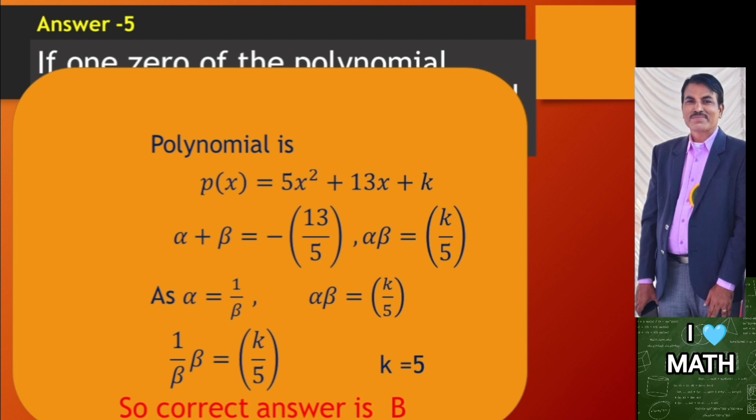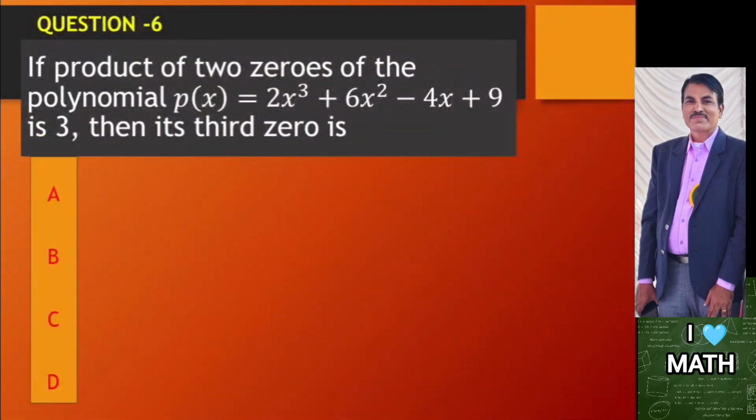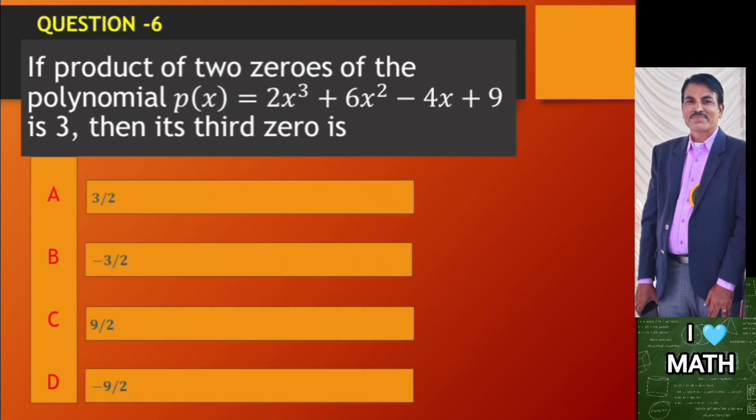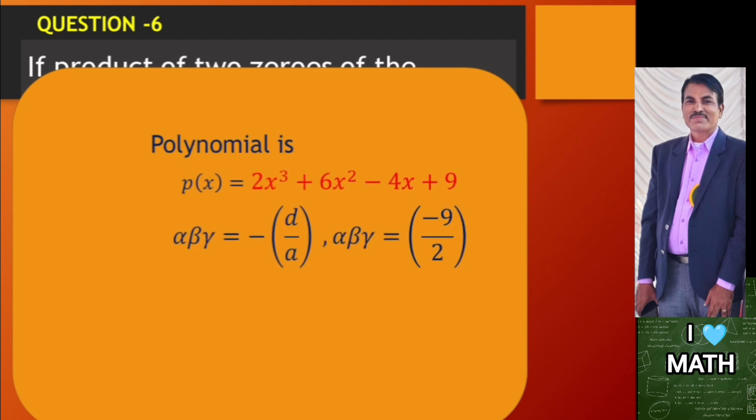Let's move to answer number 6. We can see here, the product of the 2 zeros of the cubic polynomial is given as 3, and it asks for the third zero. As there are 3 zeros in the polynomial, the product of the zeros is minus d by a, I mean alpha into beta into gamma is minus 9 by 2.